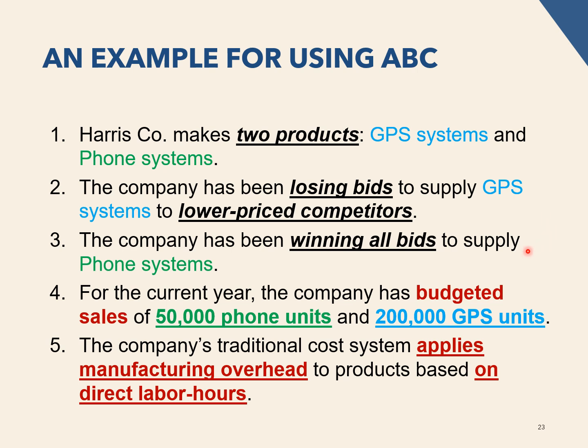The company has been winning all bids to supply phone systems. For the current year, the company has budgeted sales of 50,000 phone units and 200,000 GPS units. The company's traditional cost system applies manufacturing overhead to products based on direct labor hours.